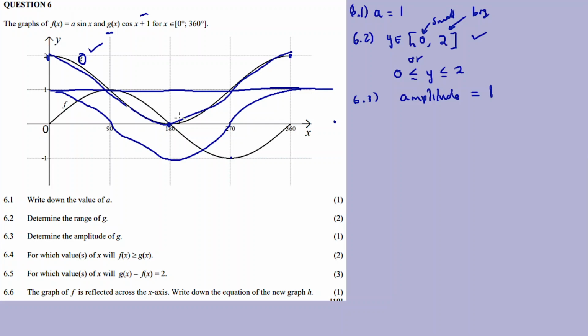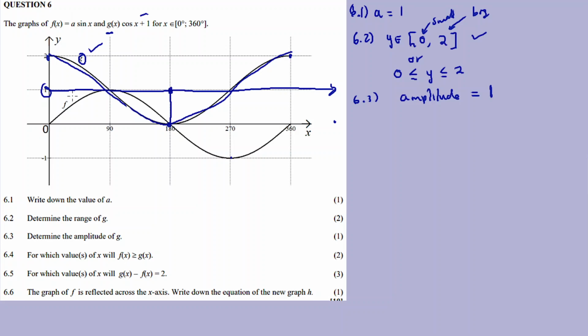So the amplitude is always measured from the axis of the graph, all the way up to the maximum point. The distance from here to the maximum point is 1. If I shifted the graph so the axis of this g function is this line, then the distance from here to here is 1 unit.